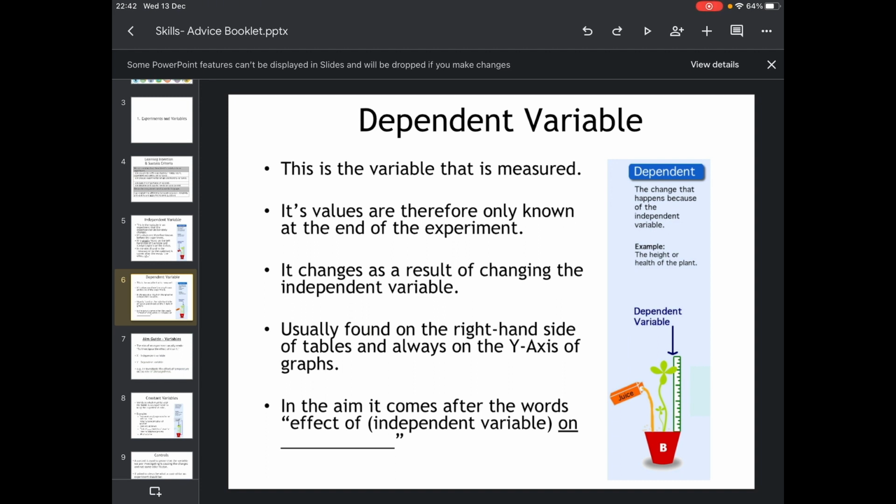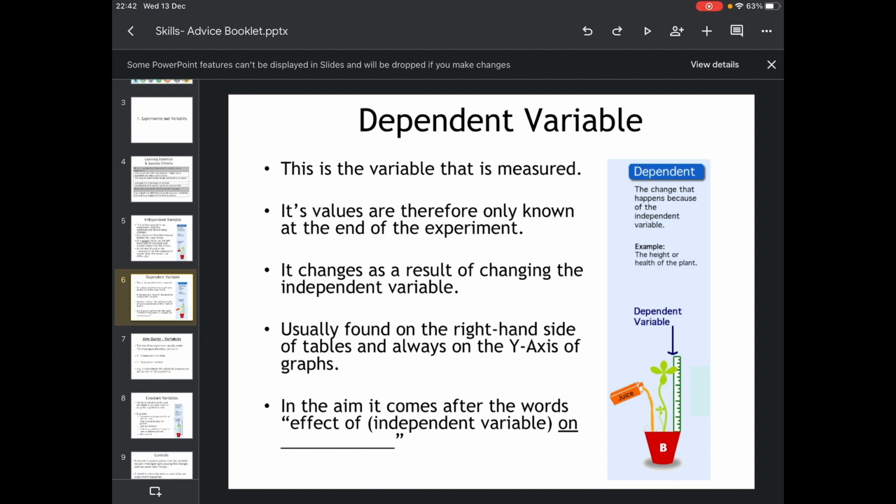Its values are therefore only known at the end of the experiment. So this is our results, if you like. And it's usually found on the right-hand side of the table, or the y-axis of graphs. And in the aim, it comes afterwards, the effect of something on something. Okay, so if it's the effect of temperature on enzyme activity, for example, temperature would be the independent variable, and enzyme activity would be the dependent variable.